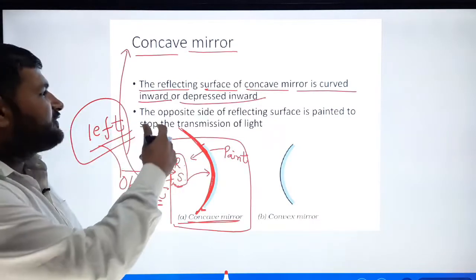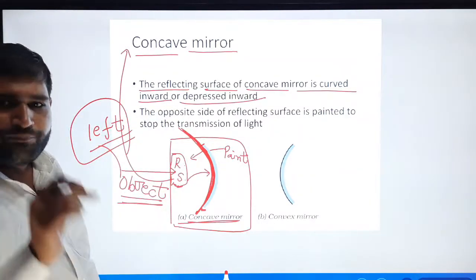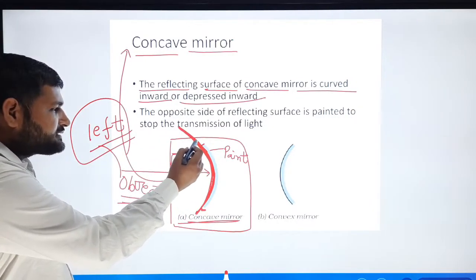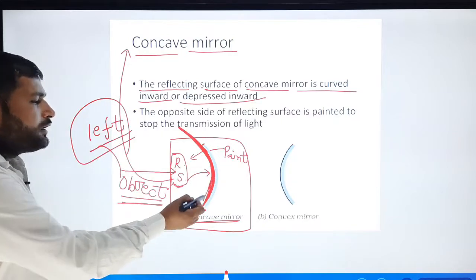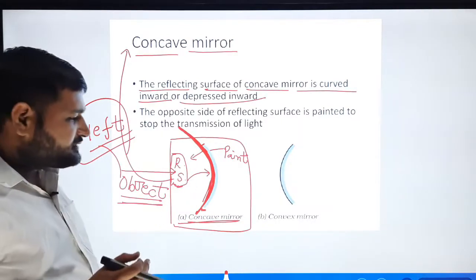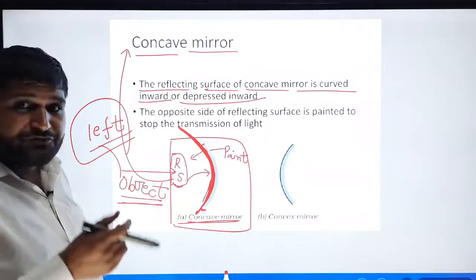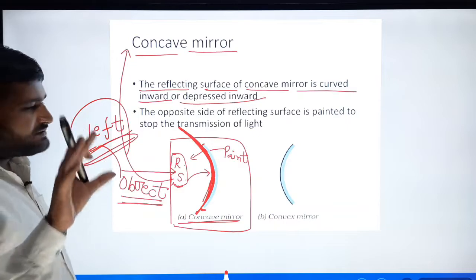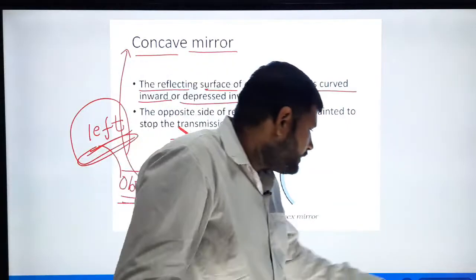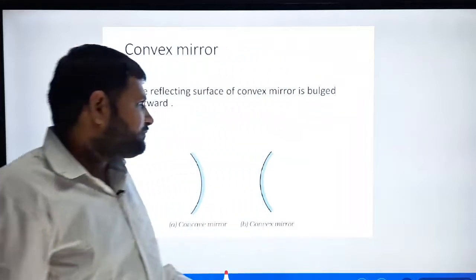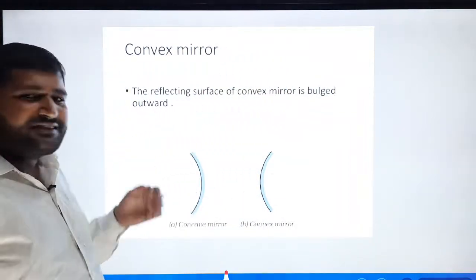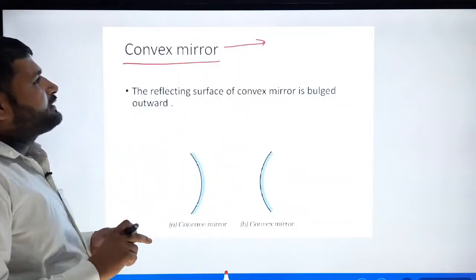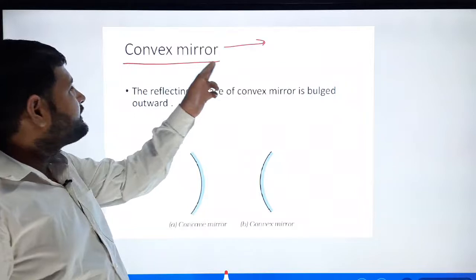The reflecting surface of a concave mirror is curved inward, or the spherical mirror which has the reflecting surface depressed inward is called a concave mirror. And what is the standard direction in which we put the object? The direction is the left direction. The object is always placed on the left side of the mirror or any optical instrument, not specifically a mirror. It can be a lens, microscope, telescope, any optical instrument. Second category is convex mirror.